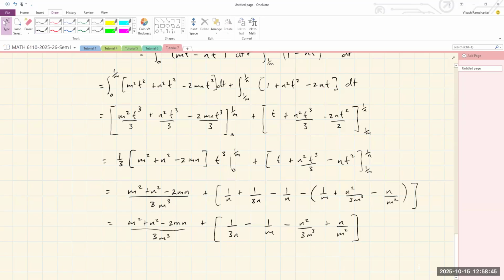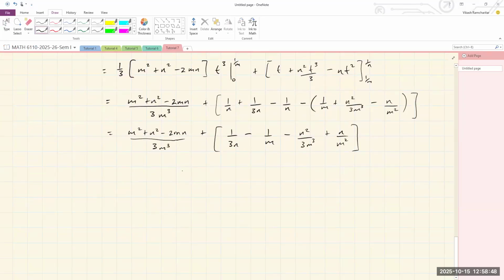Okay, so now I need to combine all this into one fraction. So the LCM is m cubed n. Yeah, m cubed n.